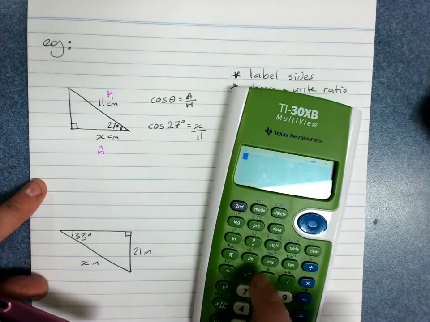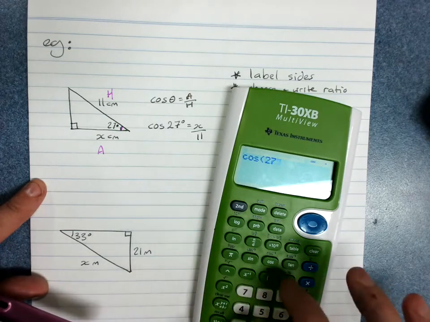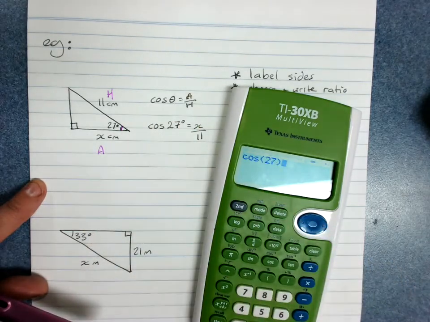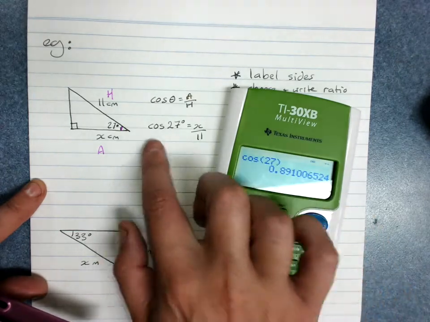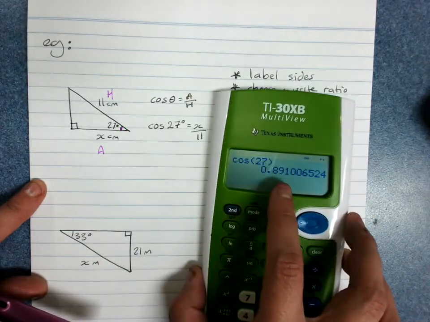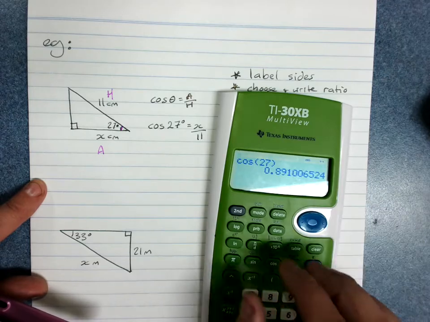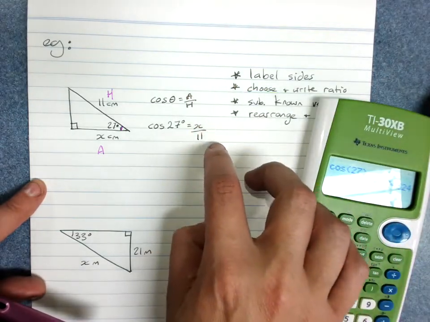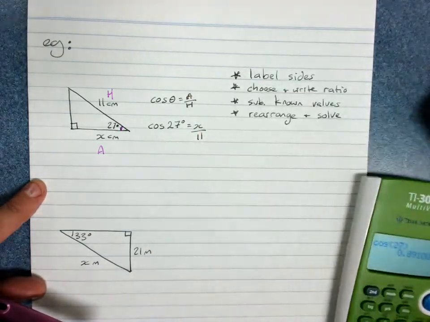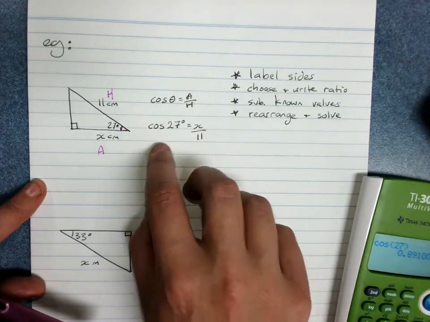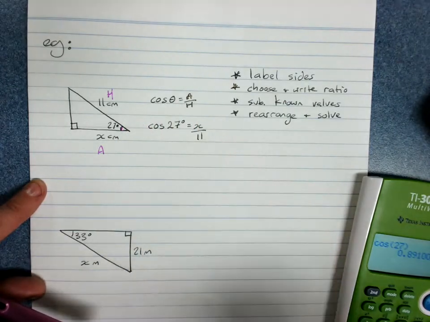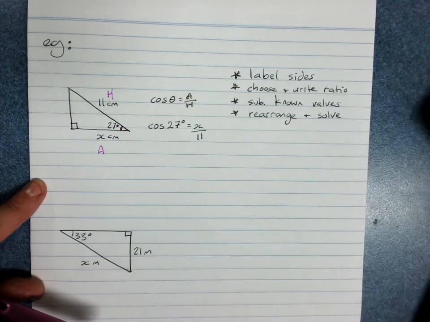And if in fact I just do cos 27, which I don't have to do in solving this, I'd discover that cos of 27 degrees has to be 0.891, etc. So something divided by 11 is this. So all I'm doing is I'm pulling up the appropriate ratio value from the calculator, and I'll use that to solve.